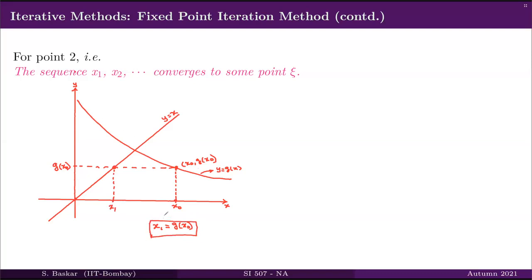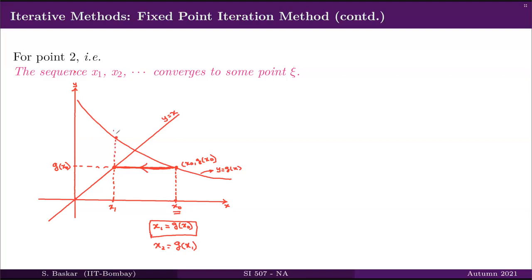Now what happened is, we started with x naught, and that x naught moved to x1 in this way. Let us indicate this direction by an arrow. And now what is x2? x2 is nothing but g of x1. So first we have to find the value of g at x1, and that is coming here.